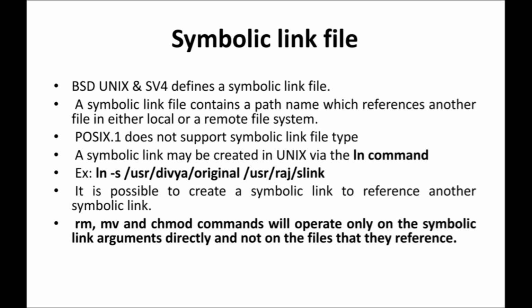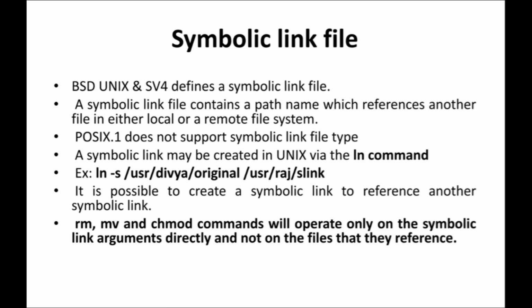A symbolic link is like the address of another file; the address of another file is stored in one file. It can be local or remote. Local means the same machine, remote means another machine. It will contain the path information of a particular file that is present in a different system. Hope you are understanding, right?